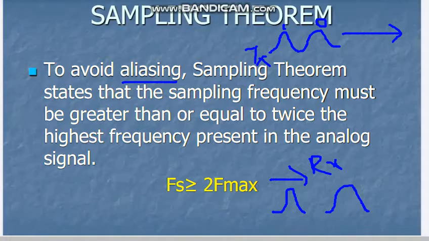That means the pulse width has been increased, and also here you can see there is a big gap between the two pulses. So if you cannot recover this part, you will not be able to reconstruct the whole input signal.